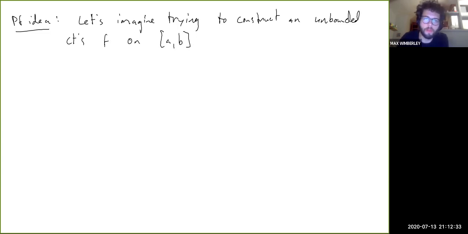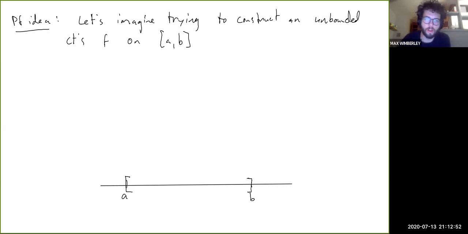So I'm going to draw, here's the x-axis. Here's A, here's B, and we have this closed interval on the x-axis.